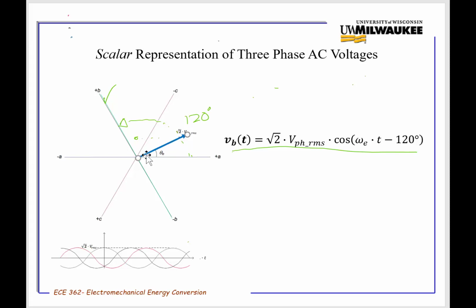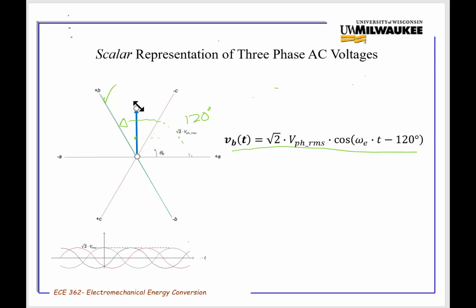So we're at this angular position right here. Let me try to get this to work. I'm going to move it around a little bit. So we're up at another position right here because it's a little easier to see what's going on.